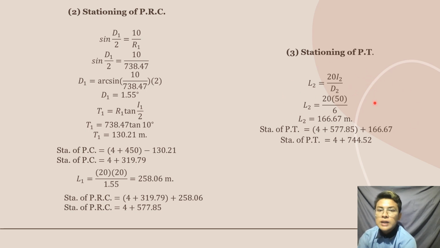We must first get our L2 by using the formula 20 I2 divided by D2. Substitute the values. We get L2 is equal to 166.67 meters. The station of point of tangency is equal to our station of PRC plus our L2, which is 4 plus 744.52.